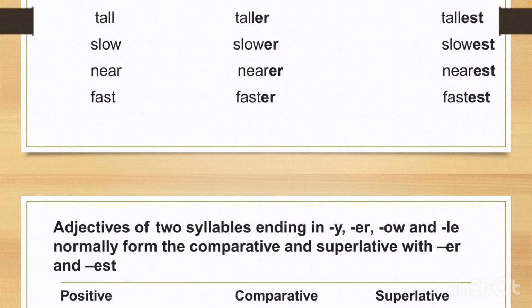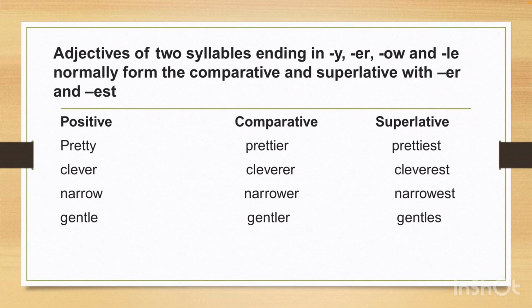Now, adjectives of two syllables ending in Y, ER, OW, and LE normally form the comparative and superlative with ER and EST as well. Now for Y, we drop the Y, add I, then ER at the end. For example, pretty will become prettier, prettiest.